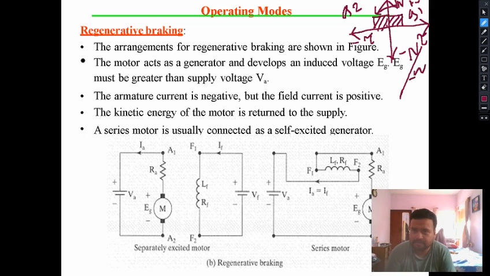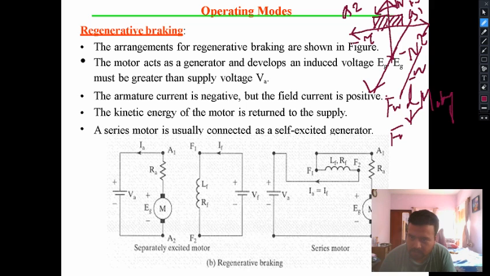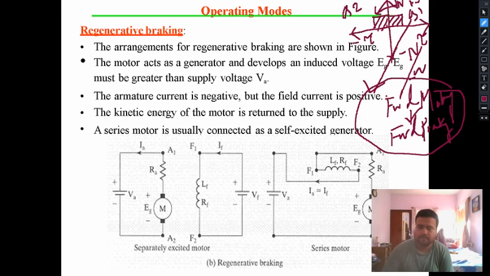This is very important. So obviously the operation shifts from forward motoring to forward braking. These are the important points.